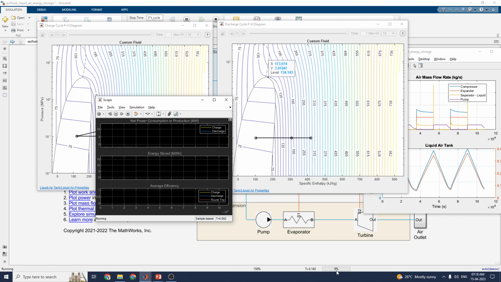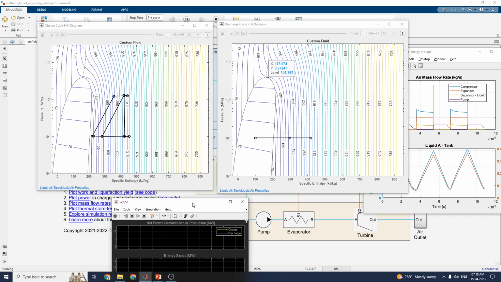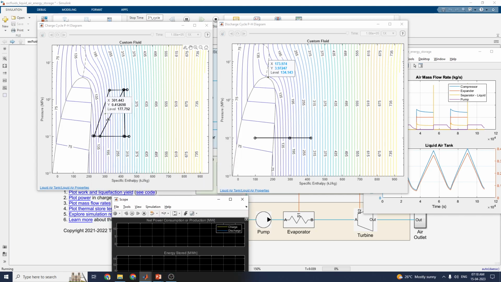First one is a zero diagram. Now we can see this is the charging period. Also you can see the discharging period. This is a pressure enthalpy diagram, showing pressure versus specific enthalpy for this cryogenic liquid.